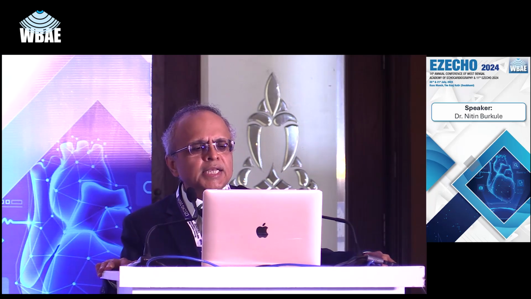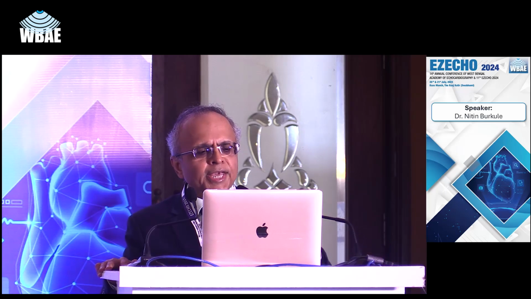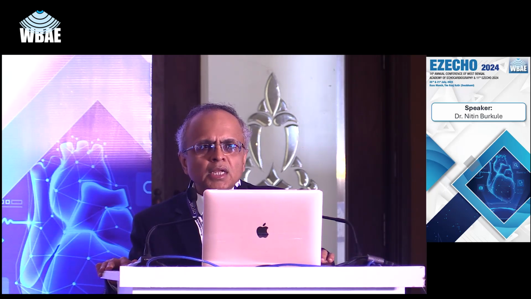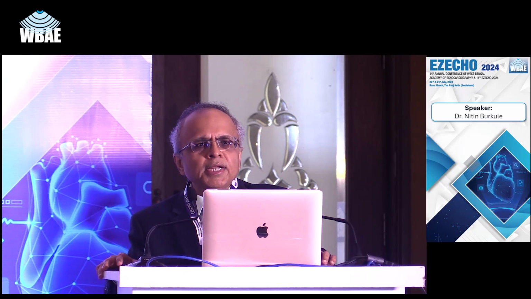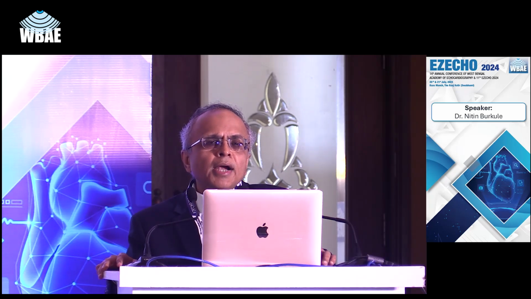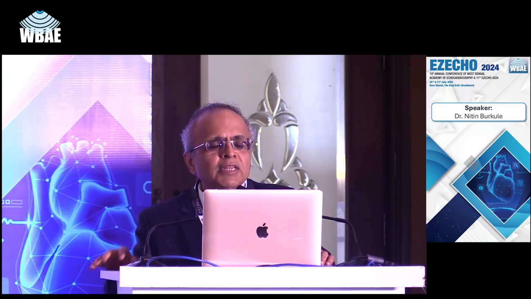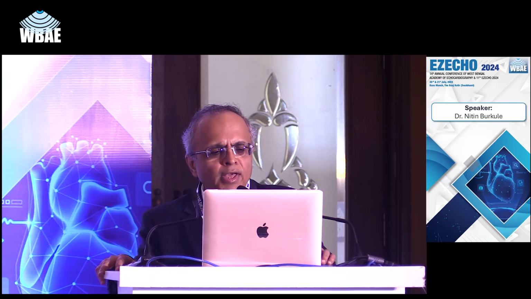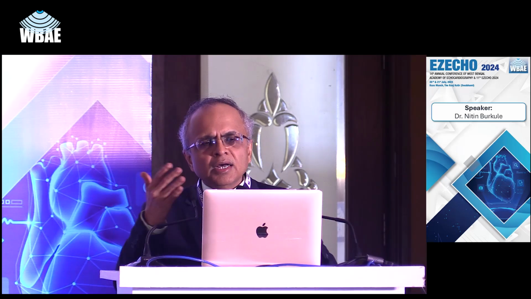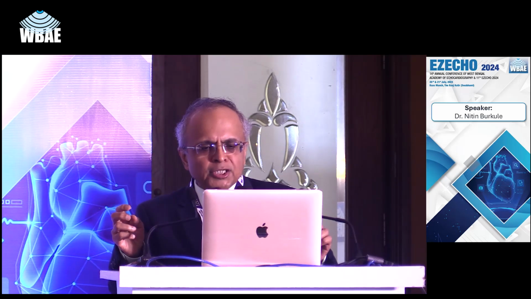So I think we have to be very careful in our measurements with the echo. We should reduce the inter-study and interpersonal variability, and should always assess our results with at least one study of MRI to assess the veracity of our measurements. Thank you.